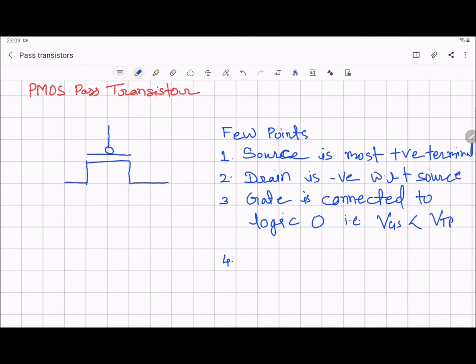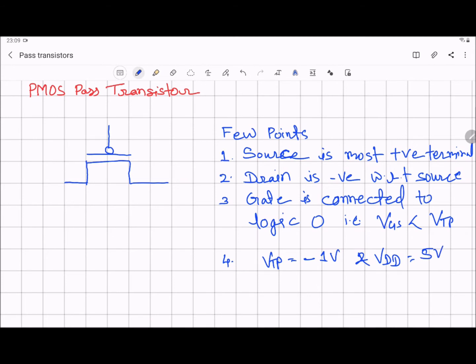Throughout our discussion I am going to assume that VTP is equal to minus 1 volt and VDD is equal to 5 volt.